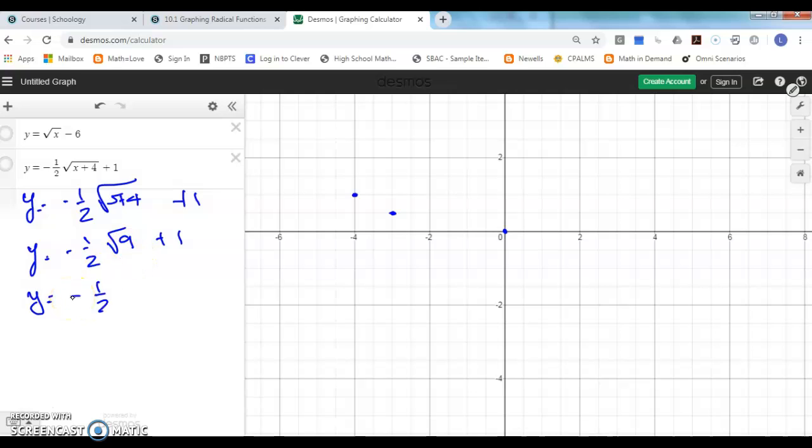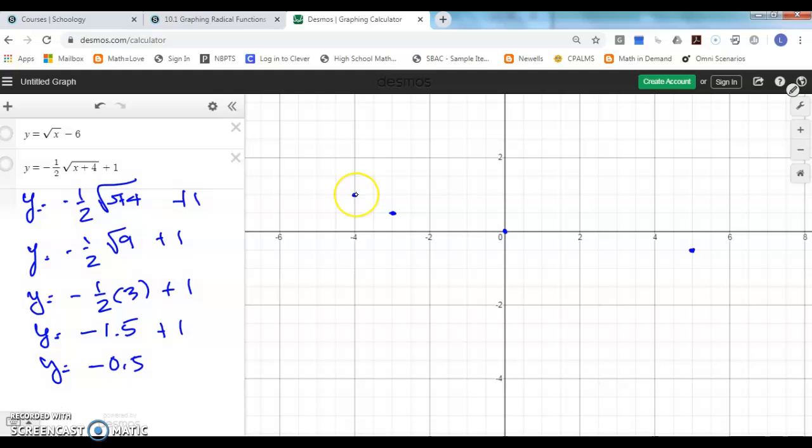Now you multiply 3 by negative half, and you will get negative 1.5. This is 3 over 2, right? Plus 1. So negative 1.5 plus 1 will become negative 0.5. In other words, when x is 5, your y value is negative 0.5.